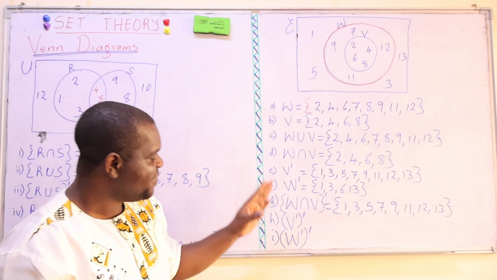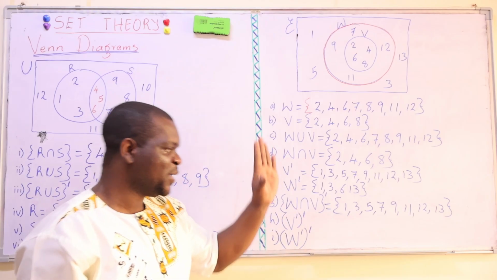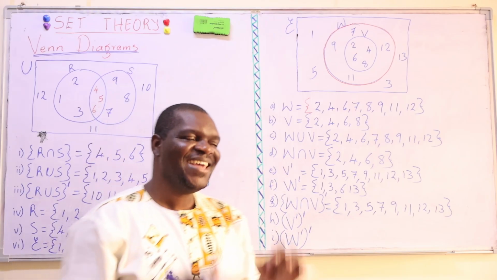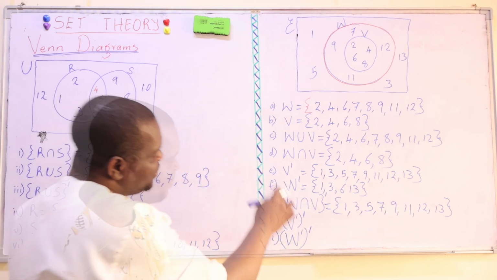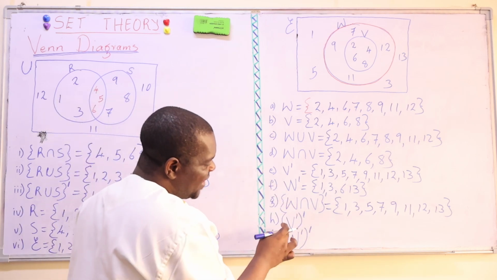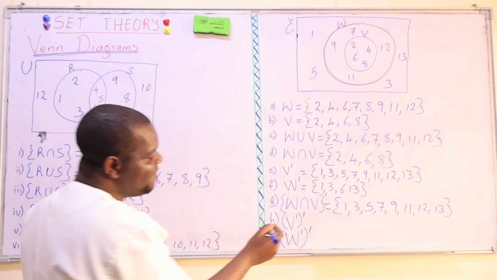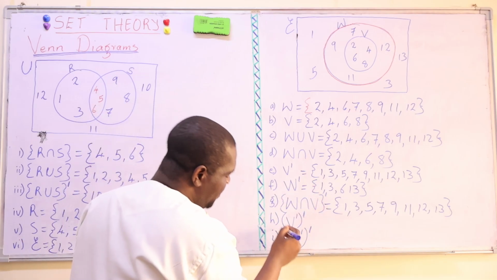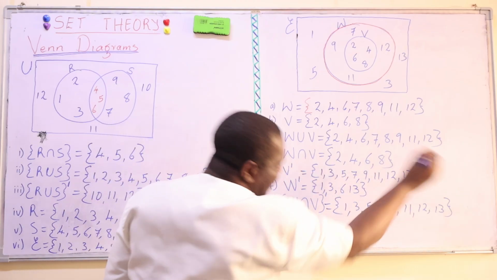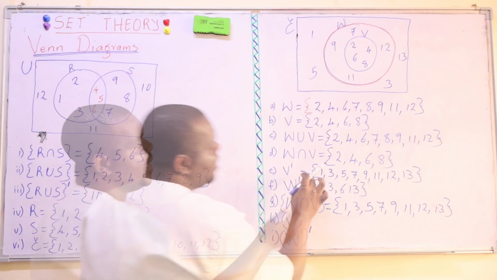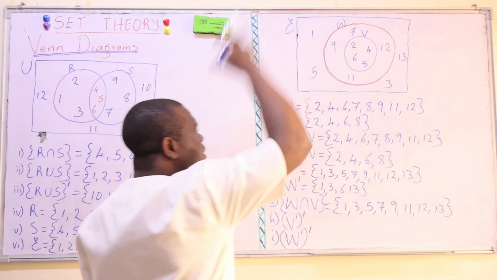Let's go now to V complement complement. This is where you find it a little bit complicated, but it is not. The trick to do this, or to easily find this, is first find the set V complement. We have it here already. What is the complement of this set? So which element, if added to this set, will make up the universal set?